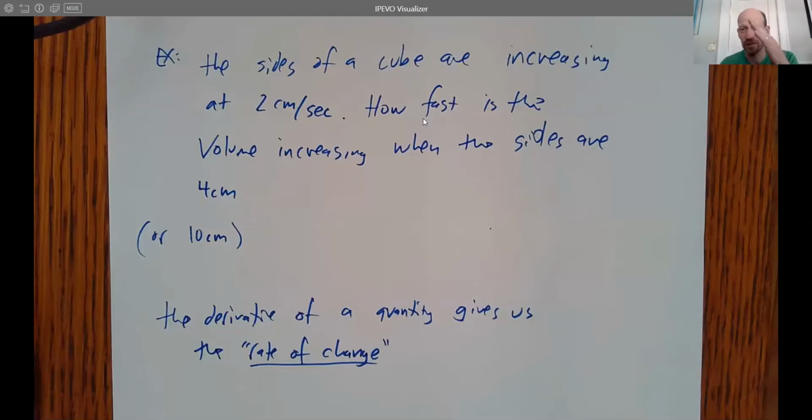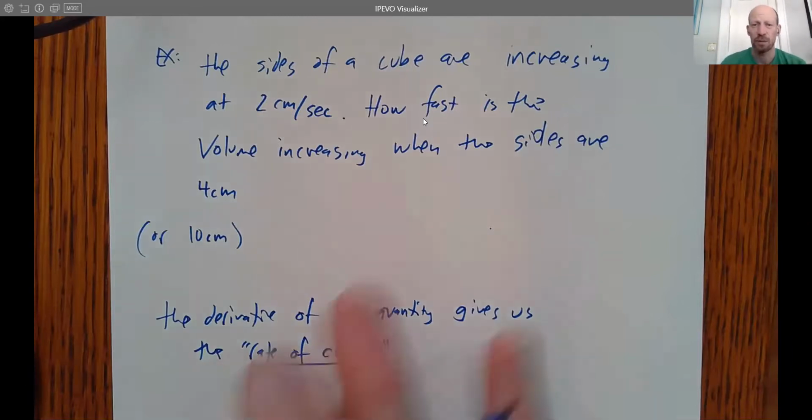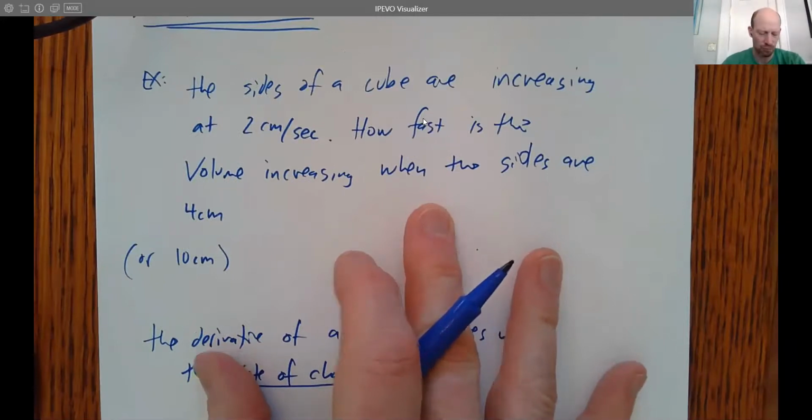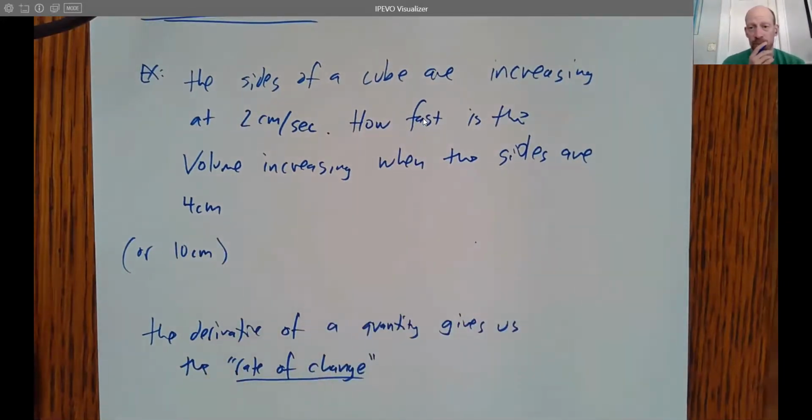The derivative is the slope of the tangent line. That's the geometric explanation, but the practical or application definition is a rate of change. It's telling me, is my quantity going up or is it going down? If the derivative is positive, it's going up. If the derivative is negative, then it's going down. So it's telling me how fast my quantity is changing. So when I'm working with these related rates problems, it's really the derivative that it's asking me about.